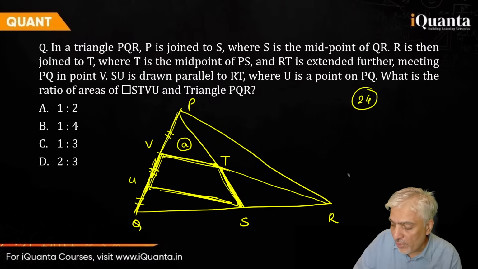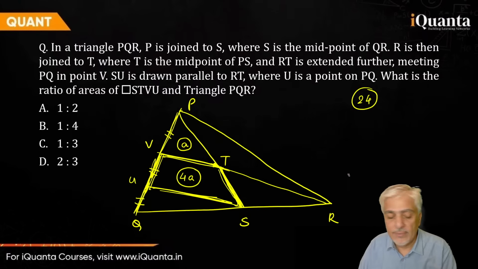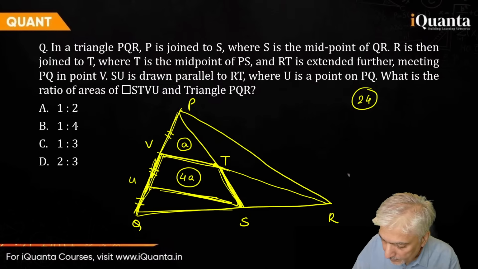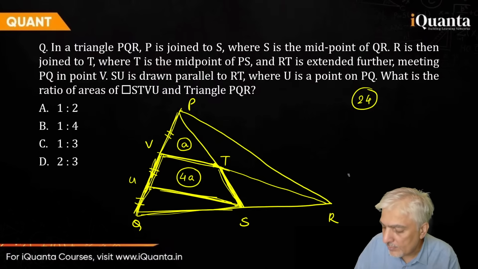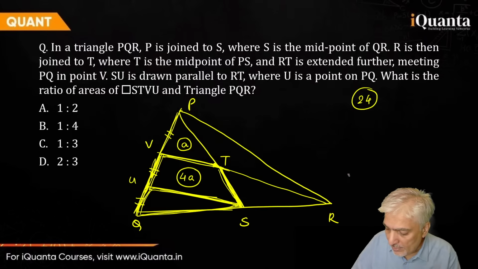The area which you want to find will become 4A, right? Now, what about this part? This triangle and this full part, UVR. One minute, this will not be 4A. The whole thing is 4A, so this will be 3A.